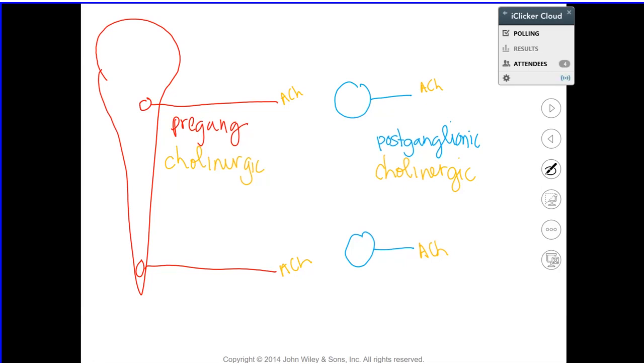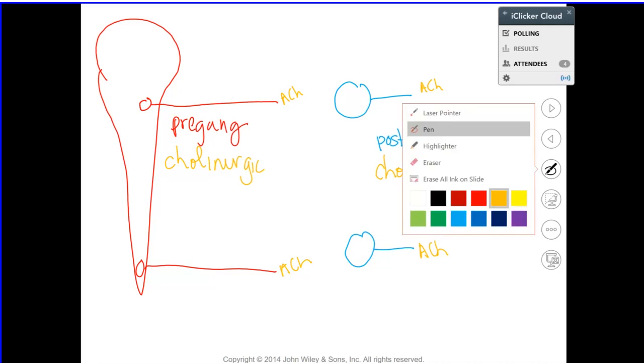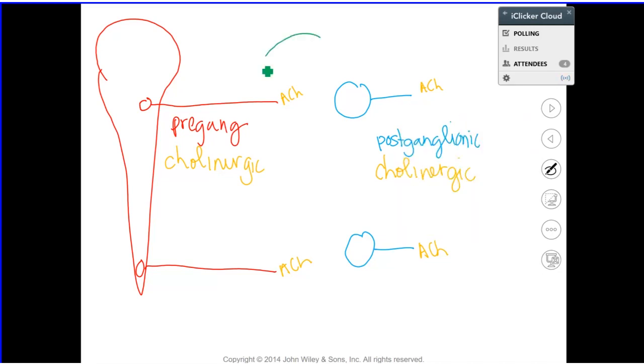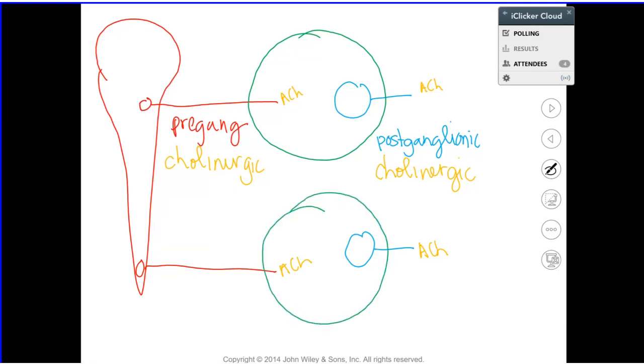Now, where do these two neurons meet each other? At the ganglion. So let me draw the ganglion in. The only reason I'm using different colors is just so you can see it. These colors mean nothing. In the body, everything looks the exact same. Every system, parasympathetic and sympathetic, is going to have a lot of ganglion.